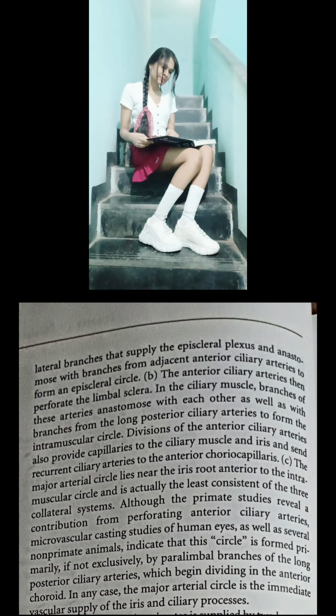C. The major arterial circle lies near the iris root, that is anterior to the intramuscular circle, and is actually the least consistent of the three collateral systems.